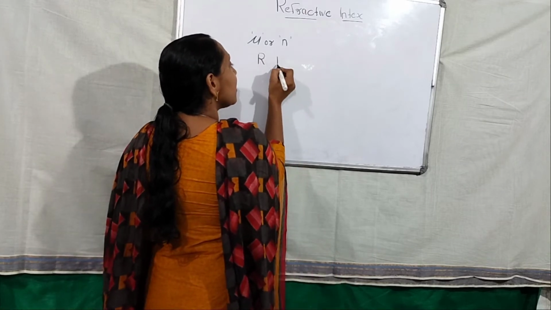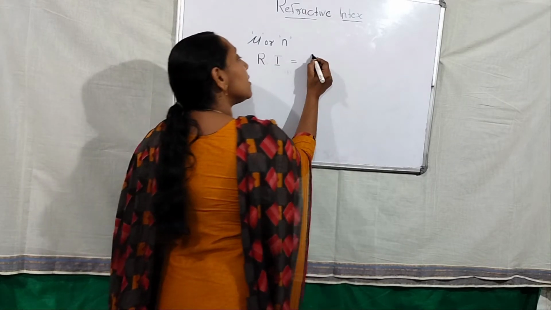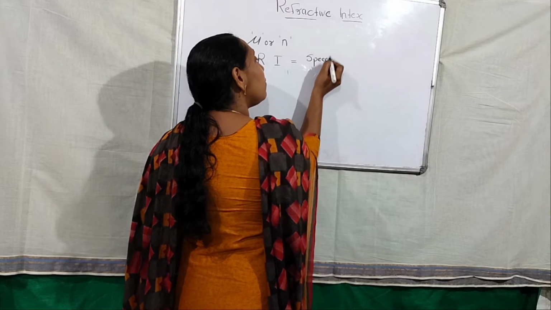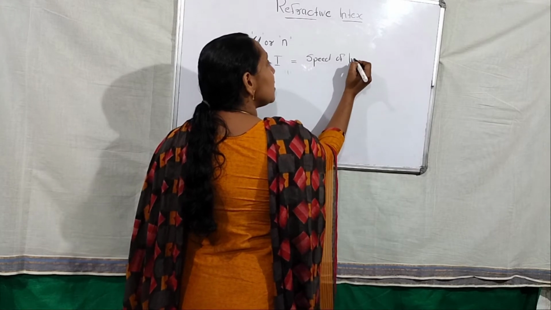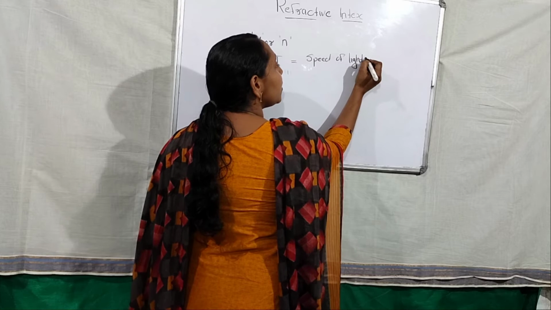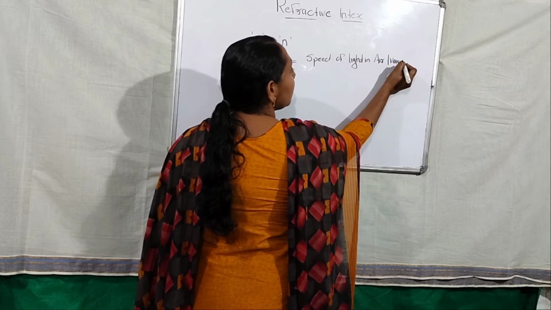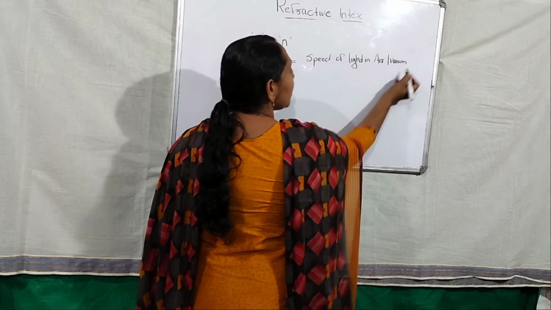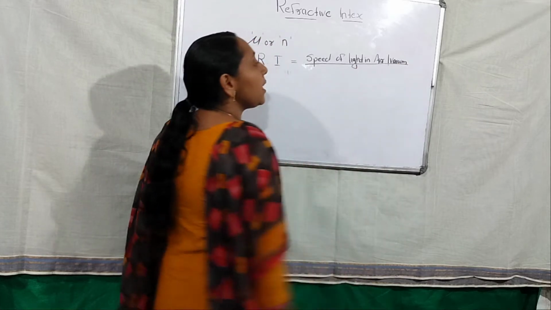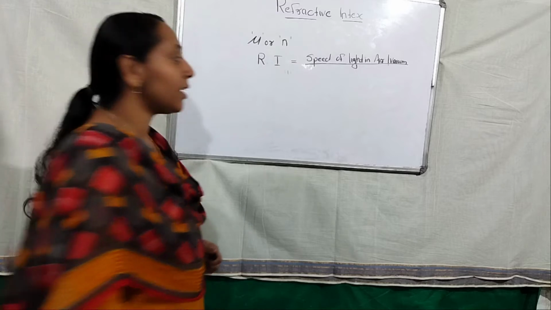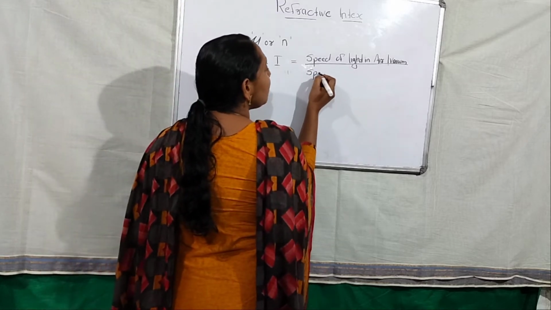Refractive index means speed of light in air or vacuum divided by speed of light in medium.